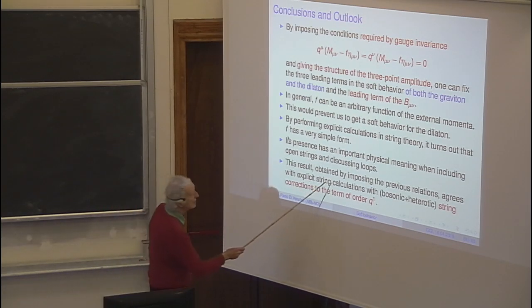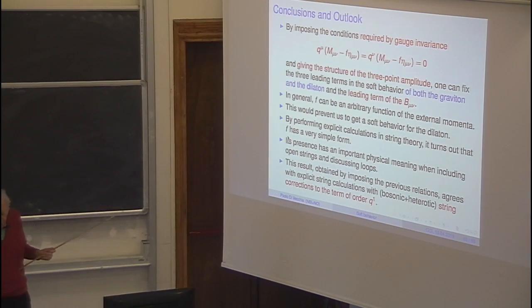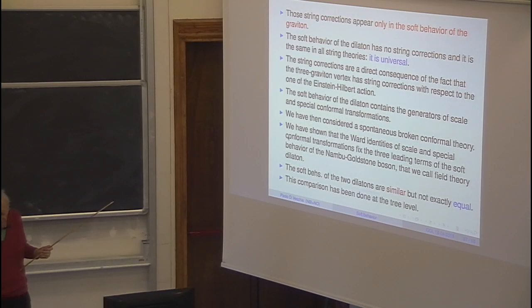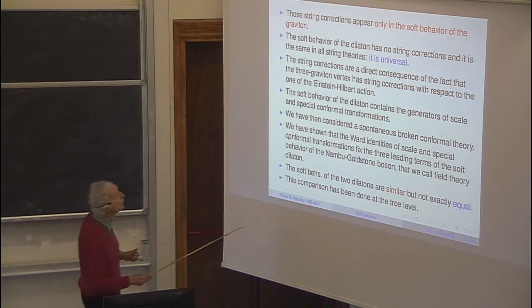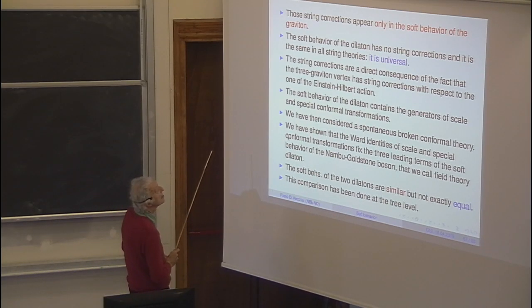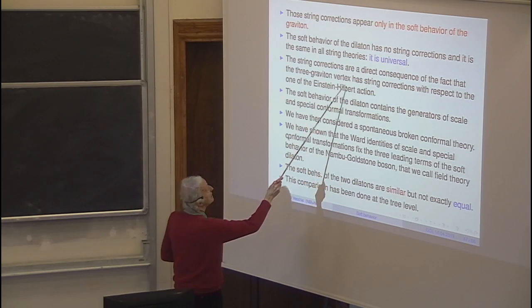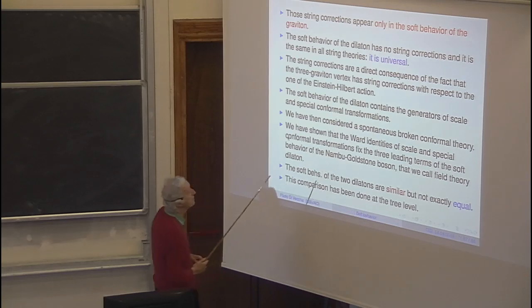Now, the result for the dilaton seems to be completely free from string corrections. So it seems to be the same for superstring, bosonic, and heterotic. The string corrections appear only in the graviton, and that can be explained in terms of the string correction that you have in the 3-point function.